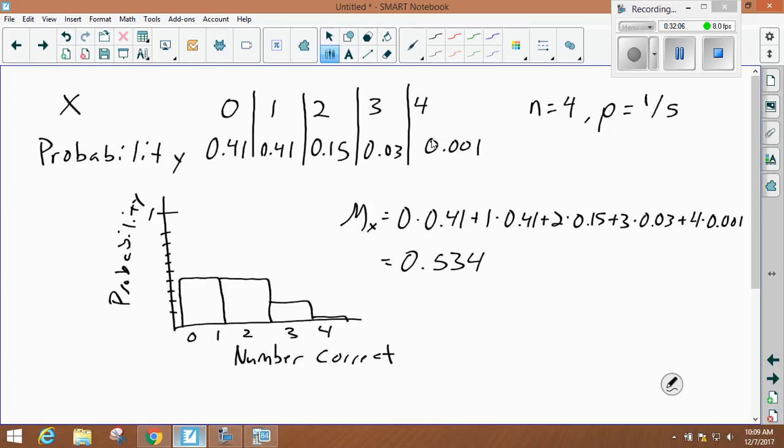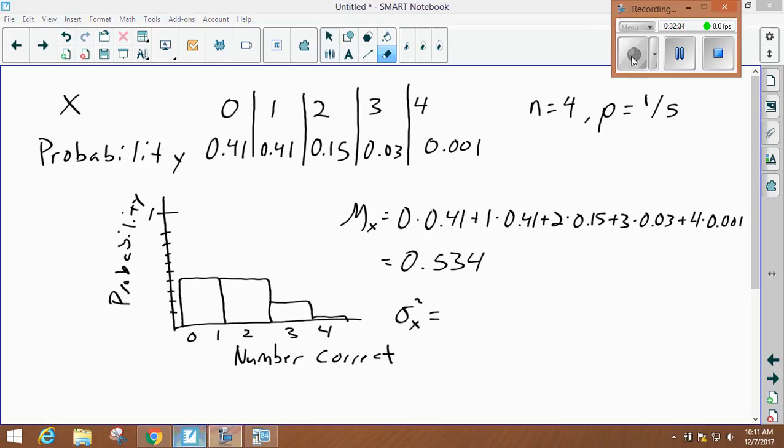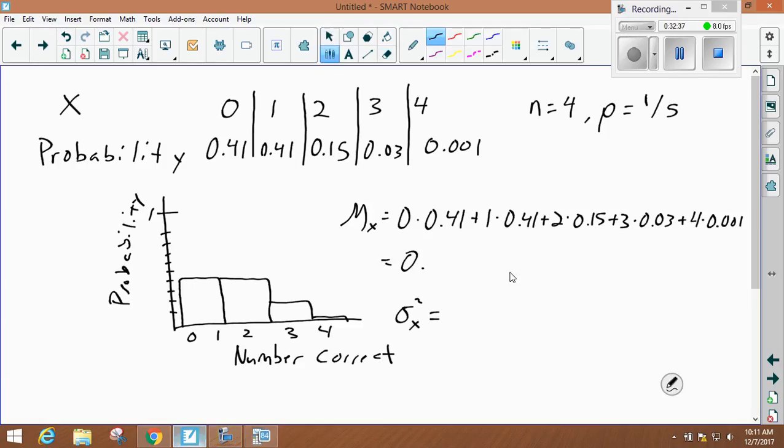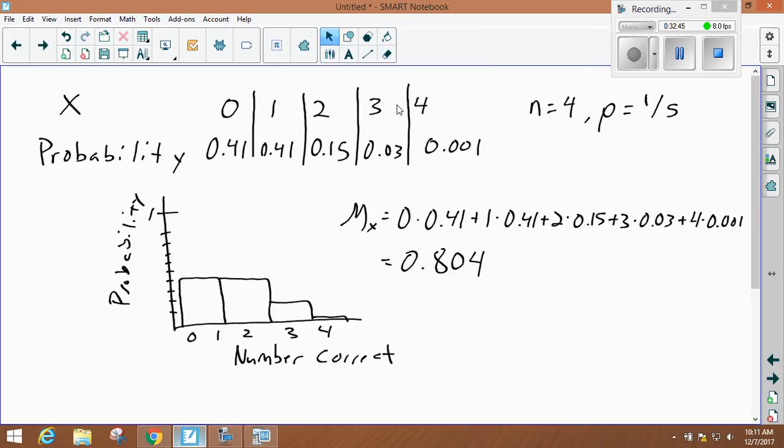We should actually get something equal to n times p. We'll see what happens. That worked. Alright, so that was miscalculated. This should be 0.804. And then we'll be able to actually talk about how the formula goes.